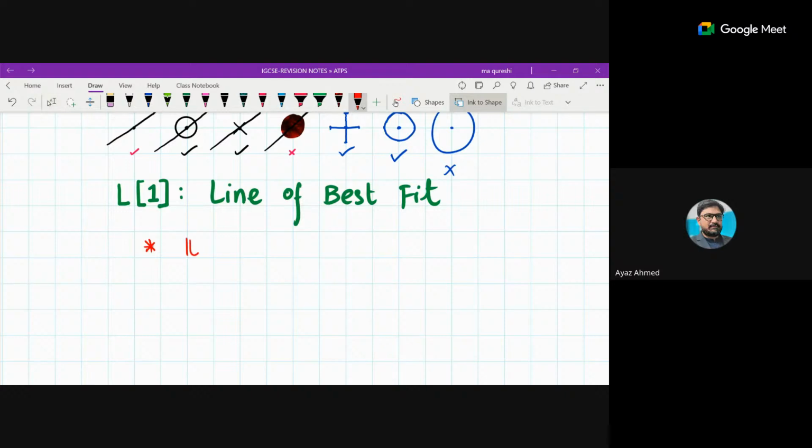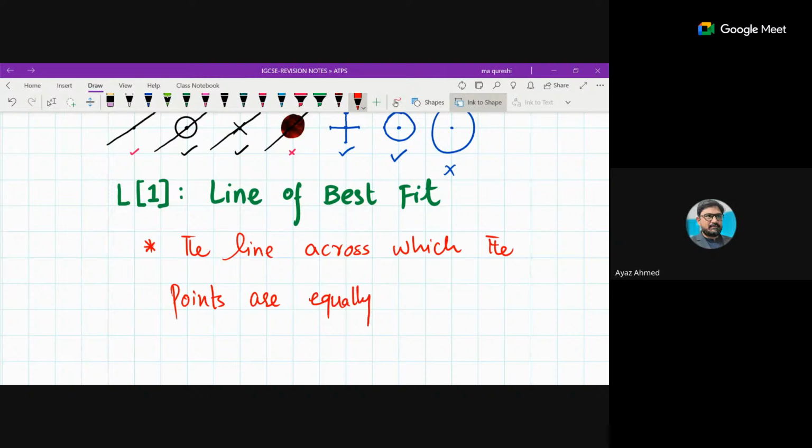The line across which the points are equally (I will just write one word in bracket, evenly distributed). Okay?